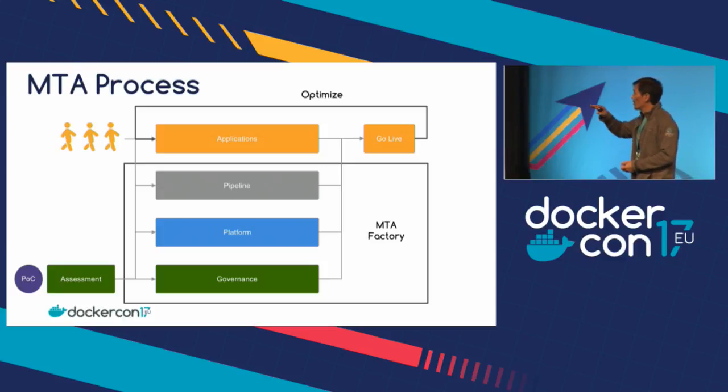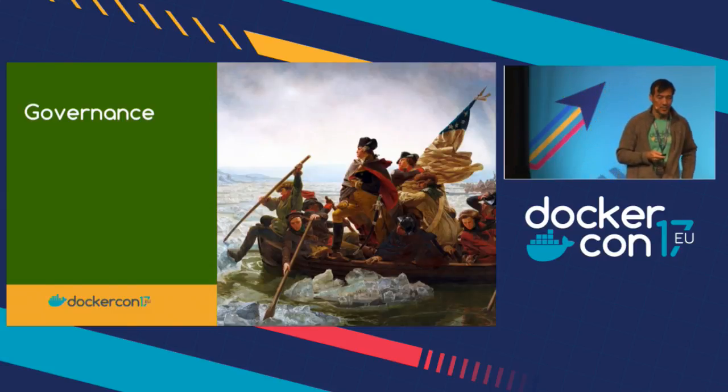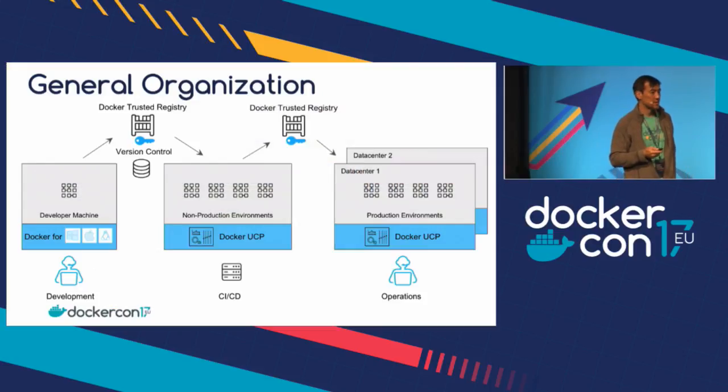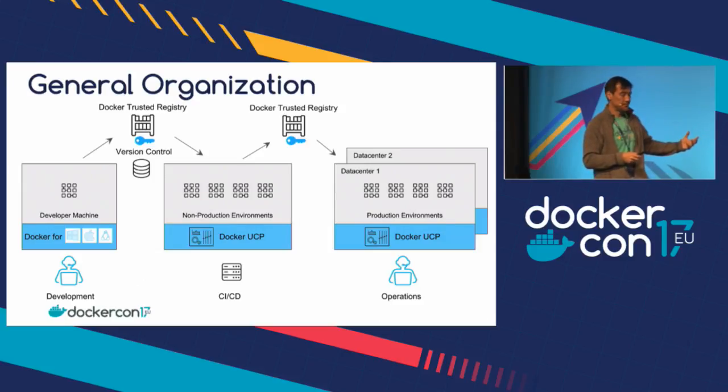So I'm going to now go through each of these different activity streams in a little bit more detail. Okay? So governance. What do we mean by governance? This is a pretty standard deployment in a large enterprise. You have development people on one side, you have ops people on the other side.